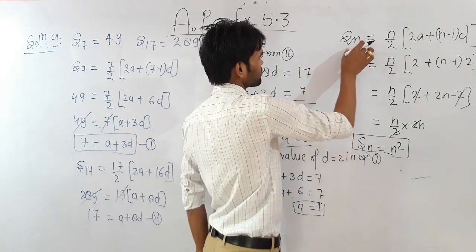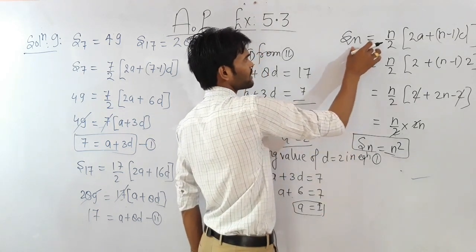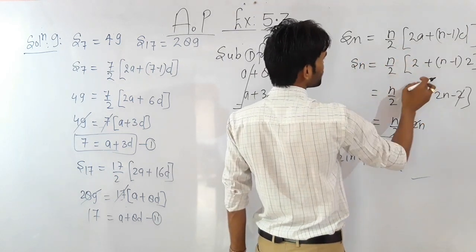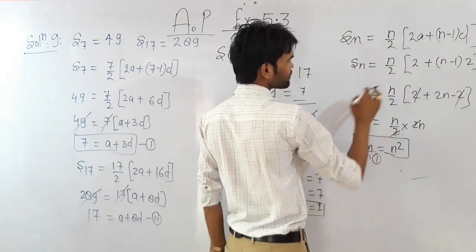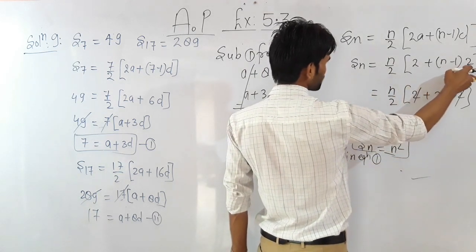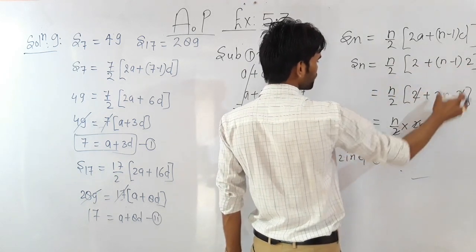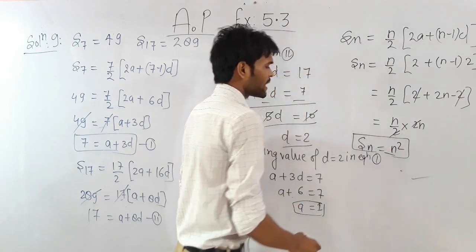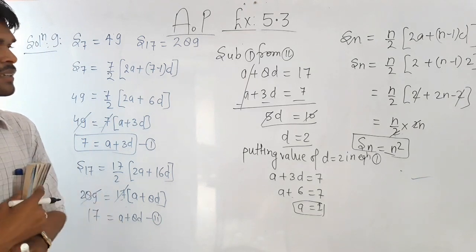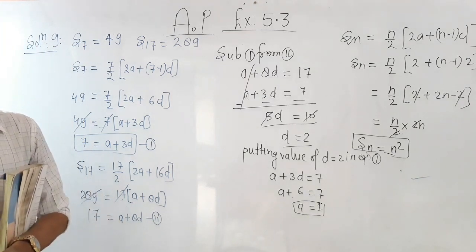Using the formula Sn is equal to n by 2 into (2a plus (n minus 1) into d), and putting a is equal to 1 and d is equal to 2, we solved the equation and obtained Sn is equal to n square. Is that clear? That was the required solution of the question.